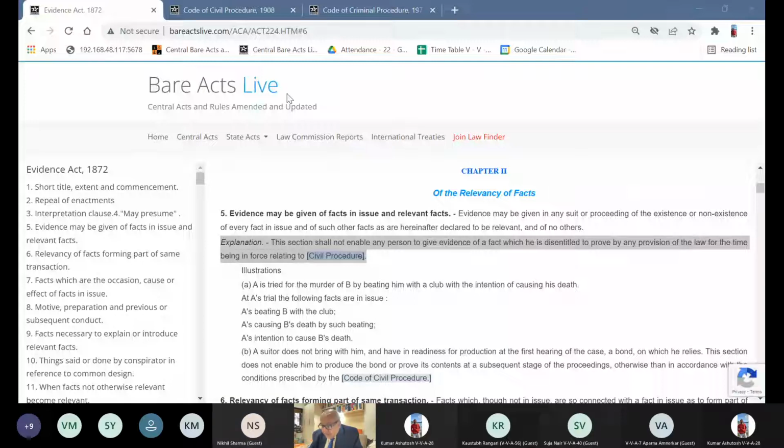Not any person to give evidence of a fact which he is disentitled to prove by the provisions of law for the time being in force relating to civil procedure. What are the facts which you need not prove under the Code of Civil Procedure? You are not called upon to give evidence. एक भी नहीं याद आ रहा आपको भी?